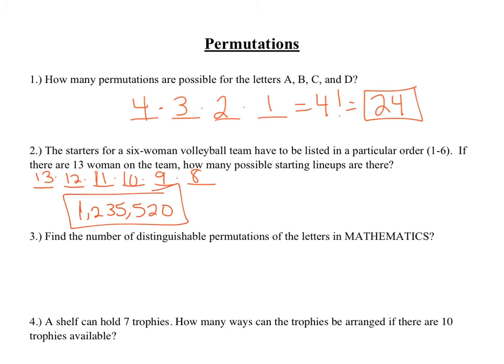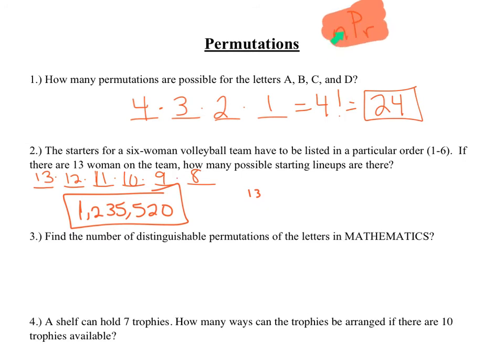Now to use the formula, again, this is a permutation because we're dealing with people, so order is important. So I'm going to use 13 as your n value, so remember your formula looks like this at the top. I'll highlight it.